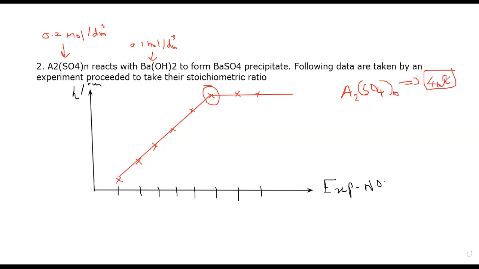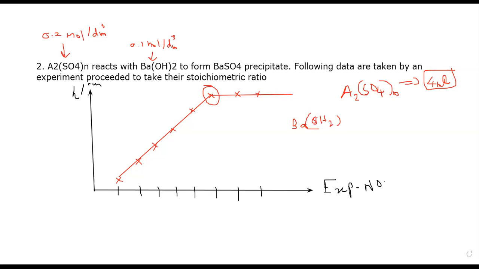That means A2SO4N volume remains constant in each and every experiment. It doesn't change. I don't plan to draw the table, that's why I'm just giving you that. And barium hydroxide volume is the varying one.